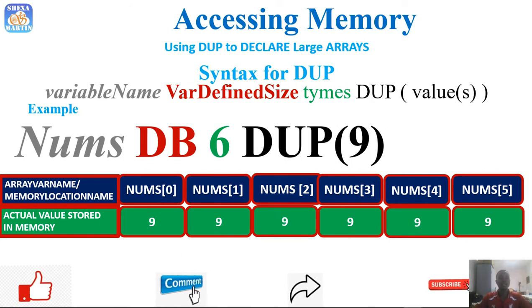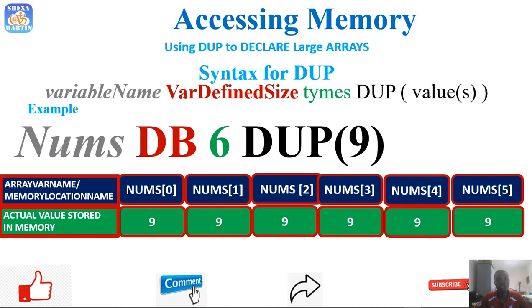So traditionally, if you want these values, you may say nums db, then you start to say 9,9,9,9, 6 times, which takes more time if you want to declare very large arrays with repeated values. Maybe you want to repeat 70 times. Will you write an instruction with 9,9,9 70 times? You can't do that.